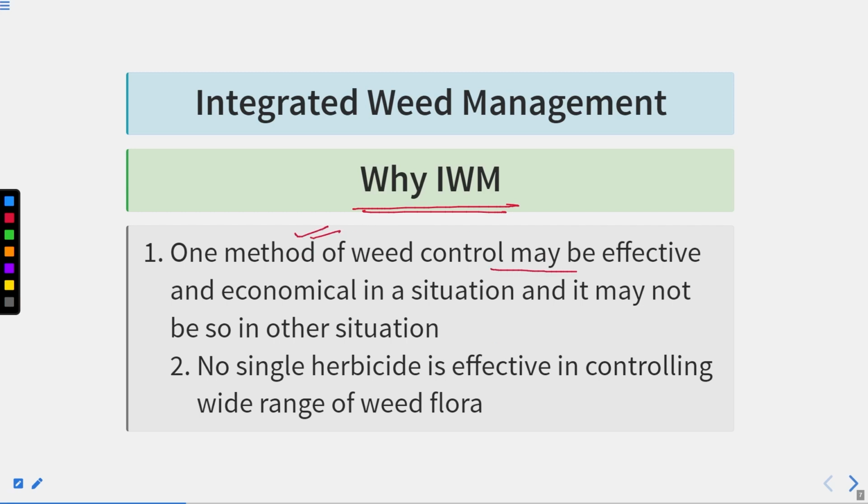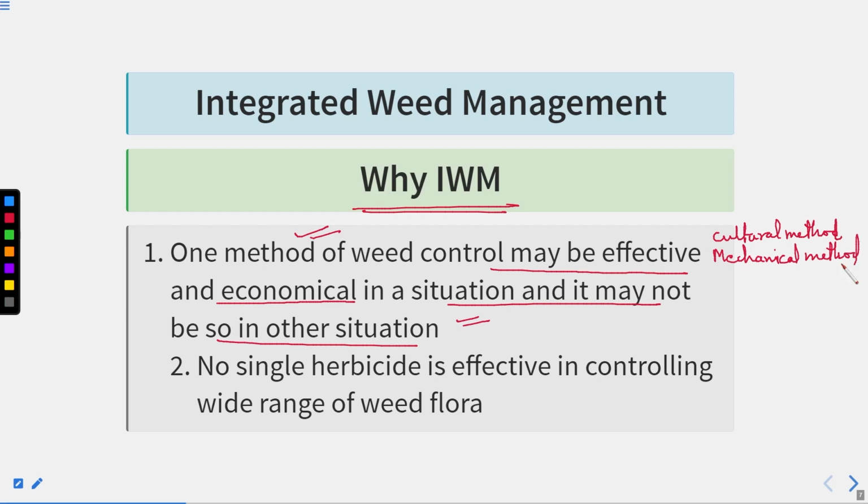Why are we using this integrated weed management program? One method of weed control may be effective and economical in one situation, and it may not be so in another situation. If a type of mechanical weed management is effective in one situation, in another situation it cannot be. So we are using the cultural method of weed control, the mechanical method, and also the chemical method.